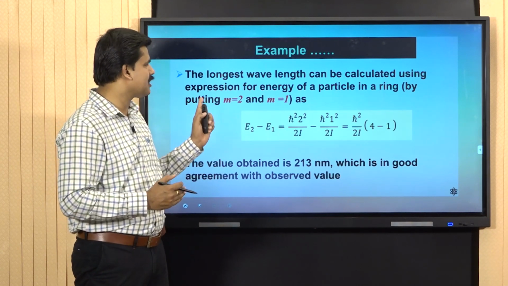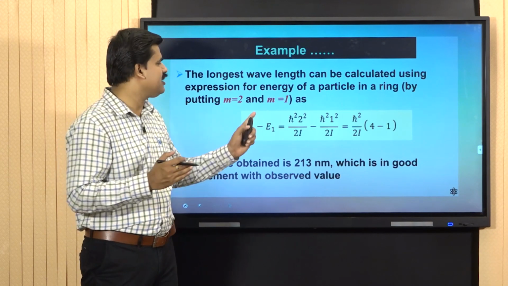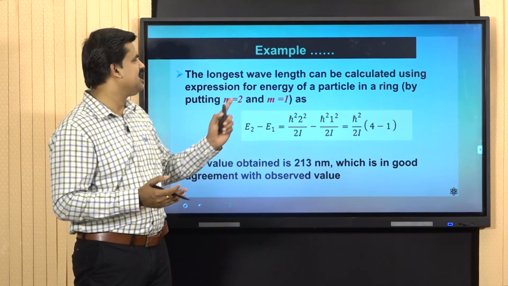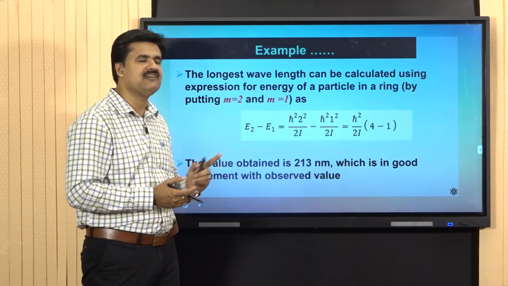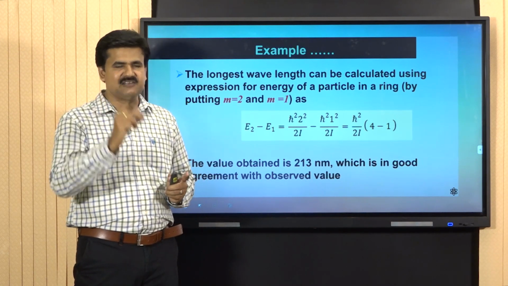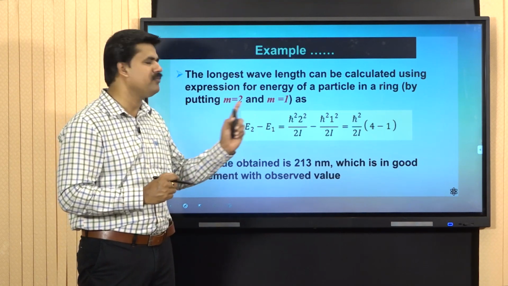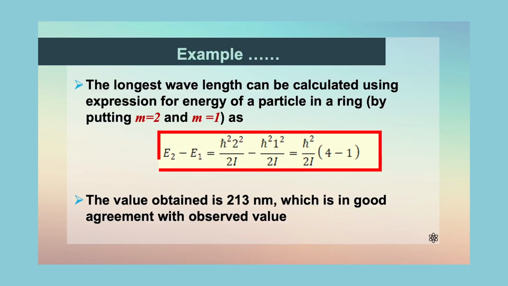If we put m equal to 1, we get the level E1. And if we put m equal to 2, we get the level E2. So, the energy difference can be taken as E2 minus E1. E2 minus E1 is equal to ħ square 2 square by 2I minus ħ square 1 square by 2I, that is equal to ħ square by 2I into 4 minus 1, that is 3ħ square by 2I.